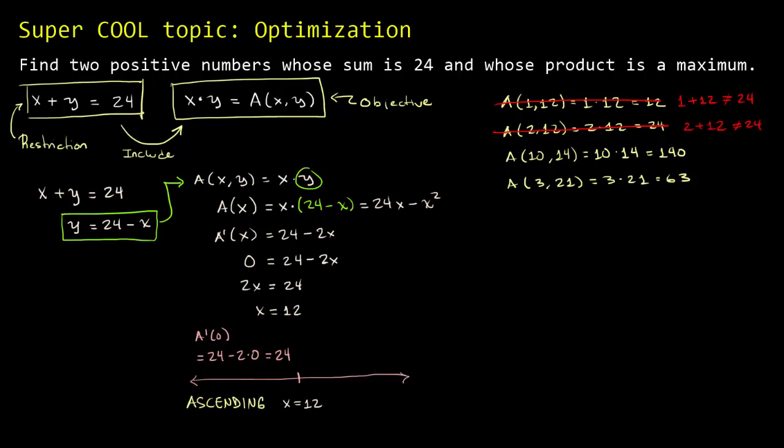Now I'm going to pick another one. Pick A prime of 20. A prime of 20 will make, of course, 24 minus 2 times 20. Now this 2 times 20 will make 40. So this would be a negative 16.